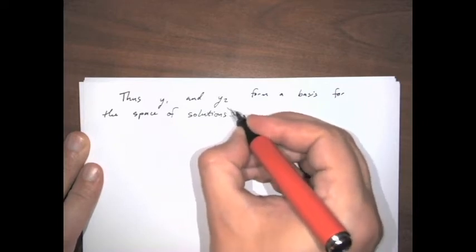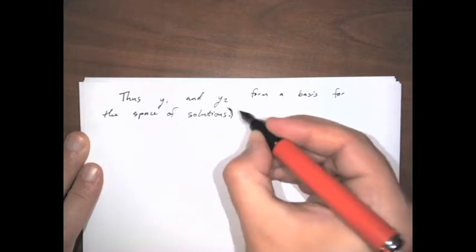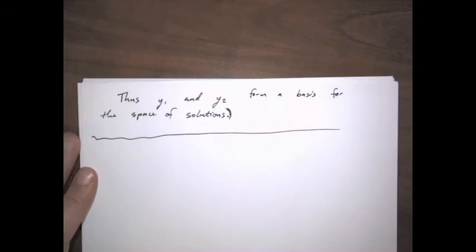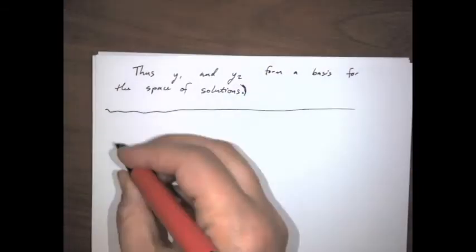And remember here what the word basis means. It refers to a set that on the one hand spans the given space and on the other hand is made up of linearly independent members.